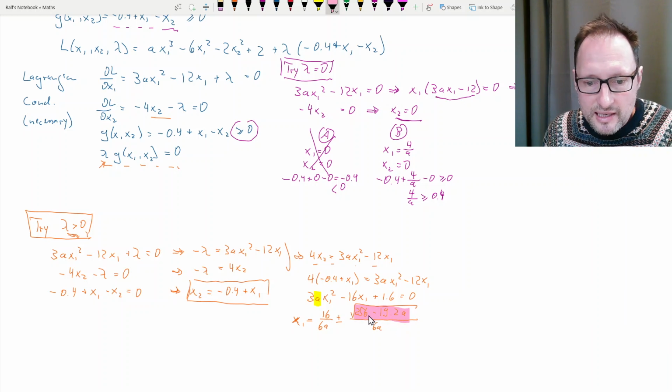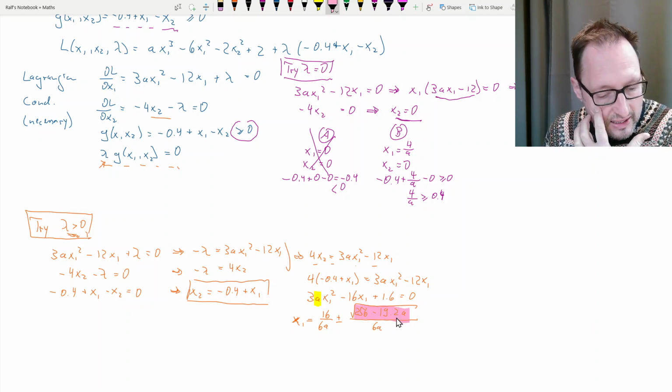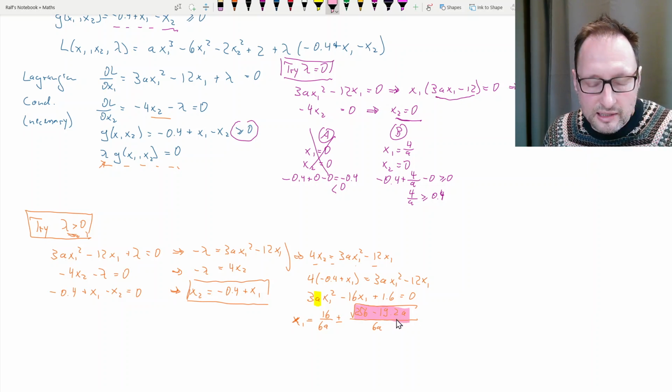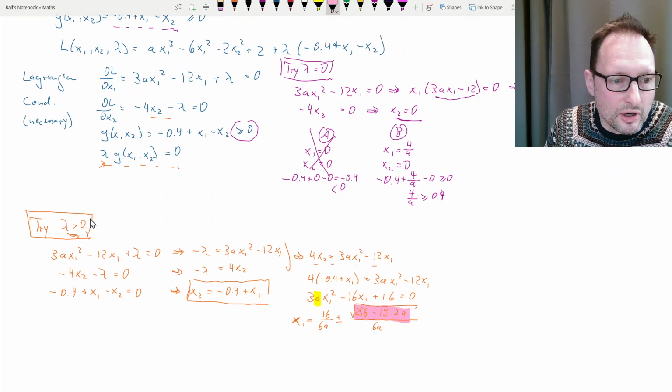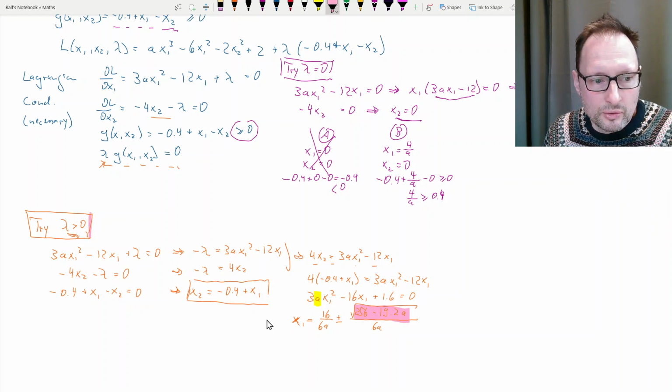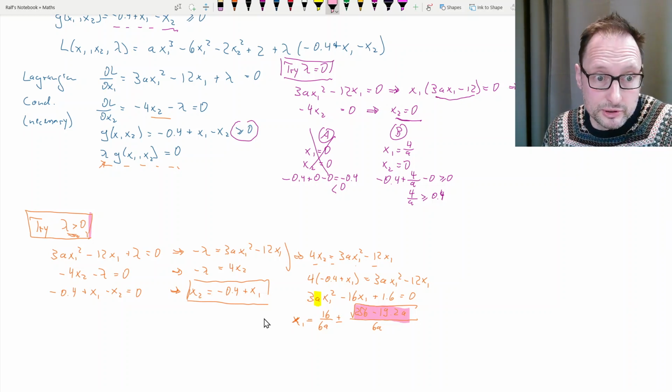If this is negative, then there will be no solution in this section. And you can see when this will turn negative. That will turn negative for large enough values of a. It turns out that if a is larger than 13 1/3, so 13.333, then this pink highlighted term will turn negative, and then we will get no solution on our boundary. But if a is smaller than that, you will find a solution.